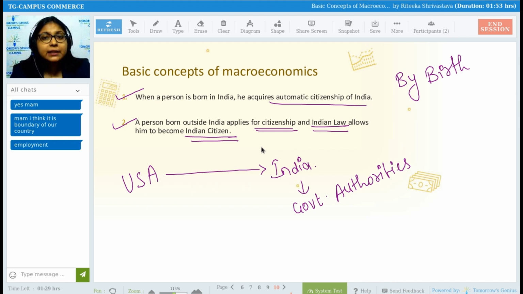So, two ways to become a citizen of any country. First way, by birth. By birth, you become a citizen of that particular country. Secondly, if you want to become a citizen of some other country, then you will have to apply for the citizenship card from the government officials. They will decide, and if you fit their criteria, they will provide you the citizenship of that particular country.